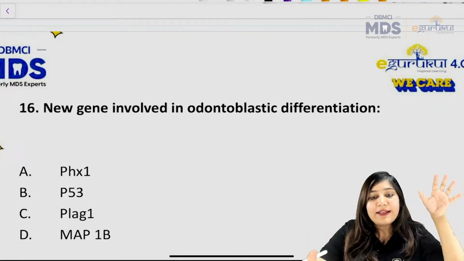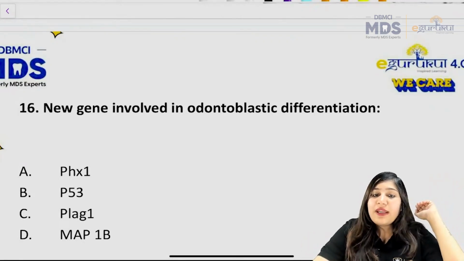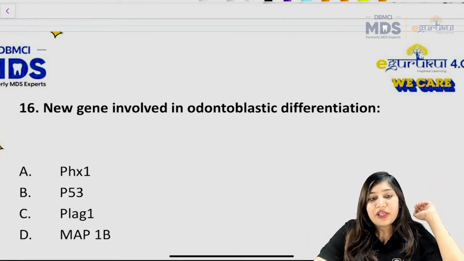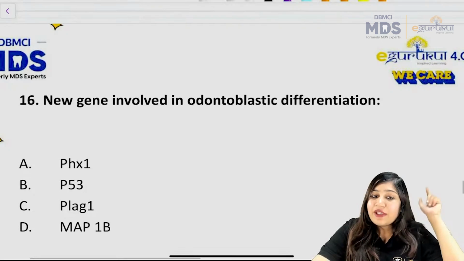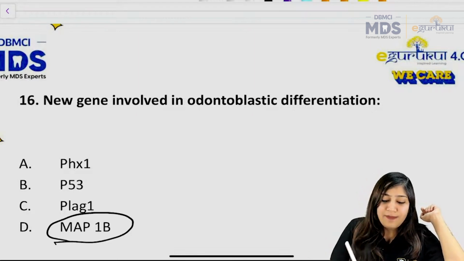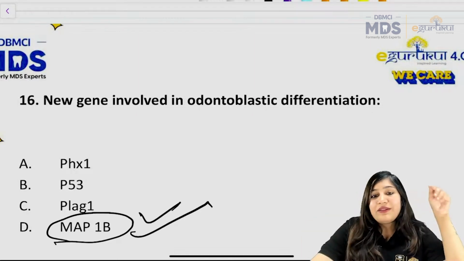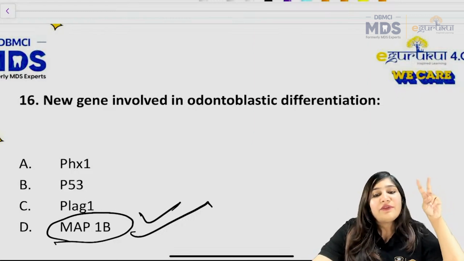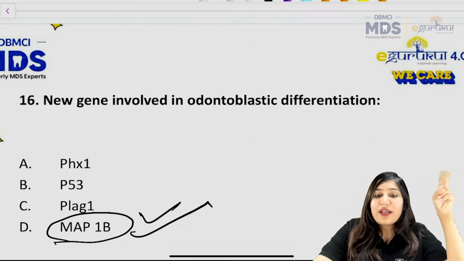We have recently discussed this. New gene involved in odontoblastic differentiation: PHEX, P53, PLAG1 or MAP1B. So correct answer here is MAP1B. For dentine formation, we have two stages, matrix formation and mineralization.